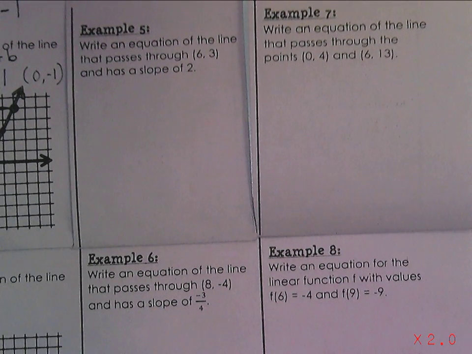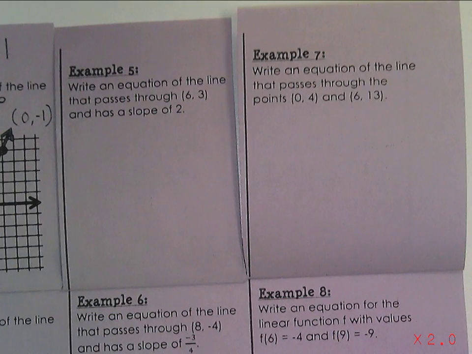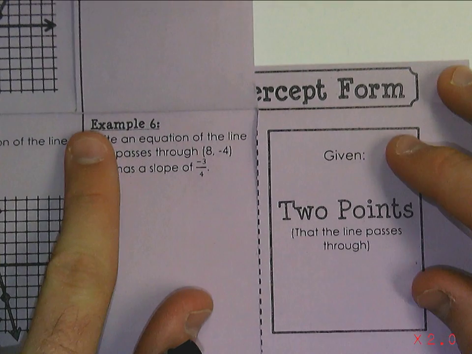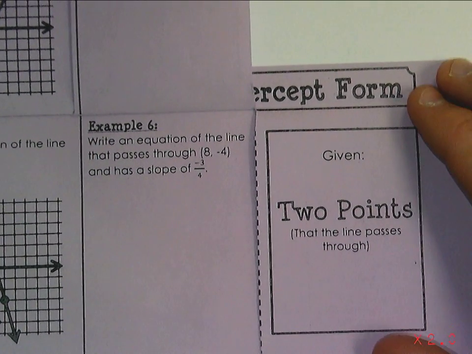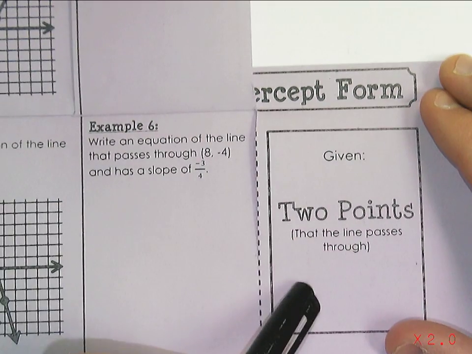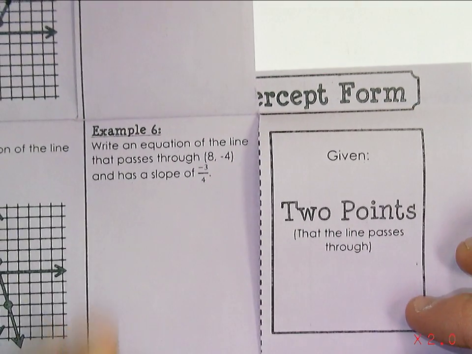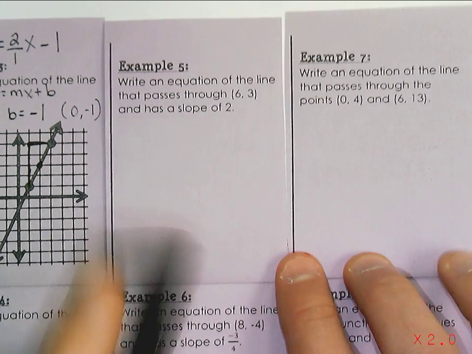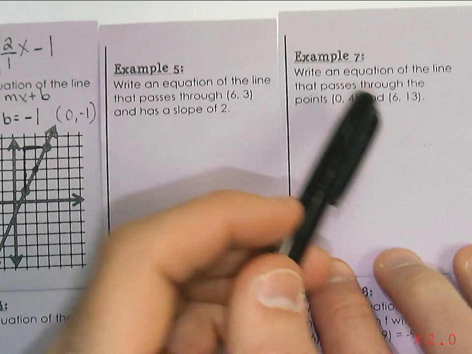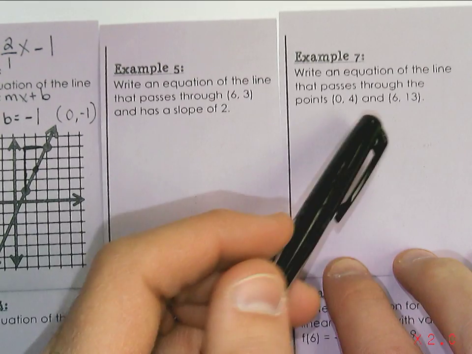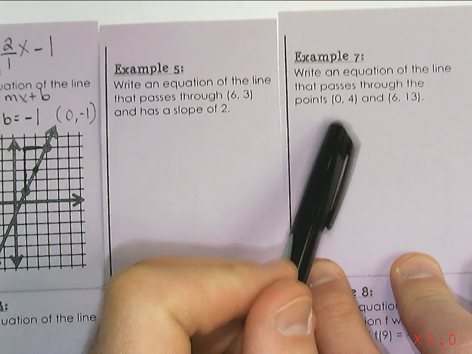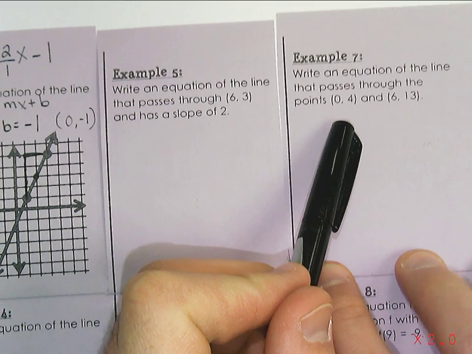So last but not least, there's one other example that we have, and that is writing linear equations in slope-intercept form when given 2 points that the line passes through. So this is going to be a little bit similar to using the slope-intercept form method of solving example 5, and also, well, you could really use both ways, I guess, but I'll show you using the slope-intercept way here.